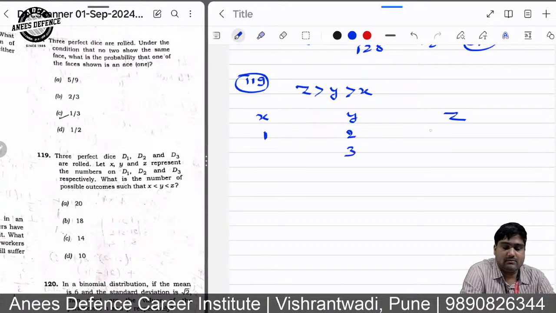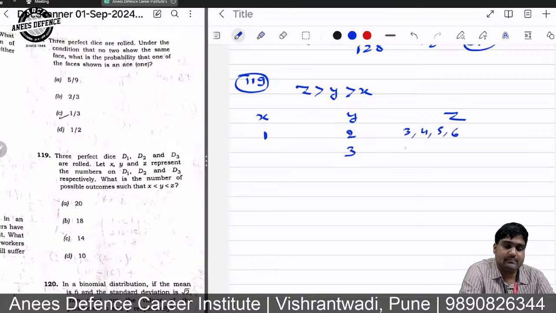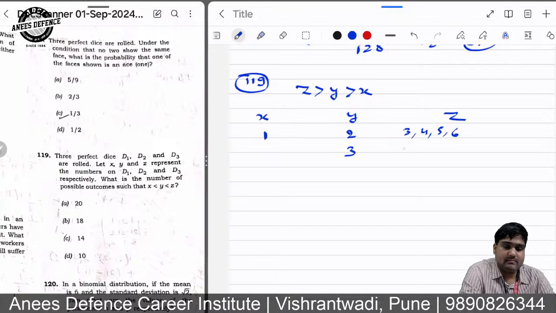If Y is 2, then Z will be 3, 4, 5, 6. And if Y is 3, then Z must be 4, 5, 6.